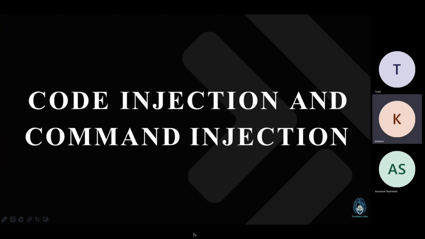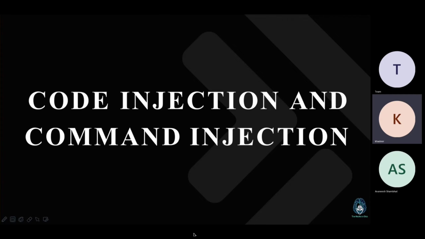Now, let's see the difference between code injection and command injection. As we have previously discussed, command injection is an attack whose goal is execution of arbitrary commands on the host operating system through a vulnerable web application. These attacks are possible when an application passes unsafe user-supplied data or commands to the system shell.